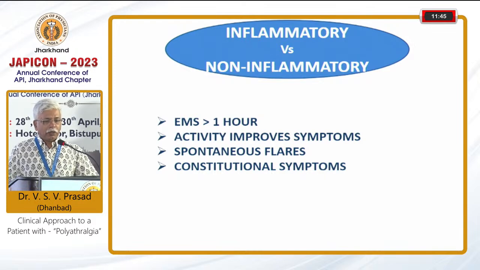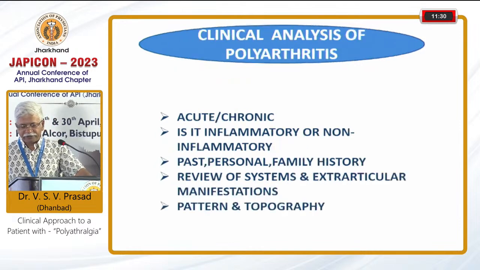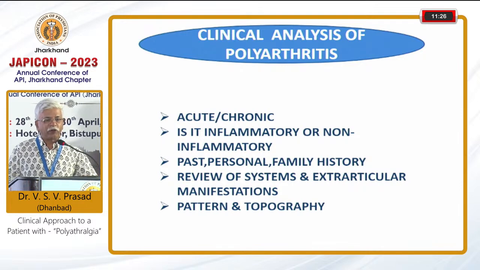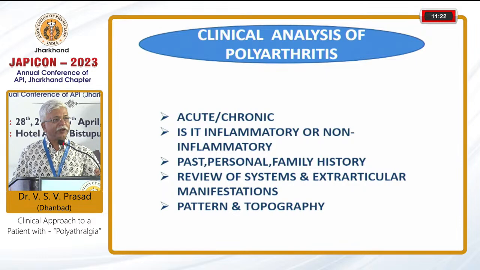So it is important to differentiate inflammatory from non-inflammatory, no doubt. And luckily, most of the criteria are clinical, and clinically we can determine whether a joint is inflammatory or not inflammatory.